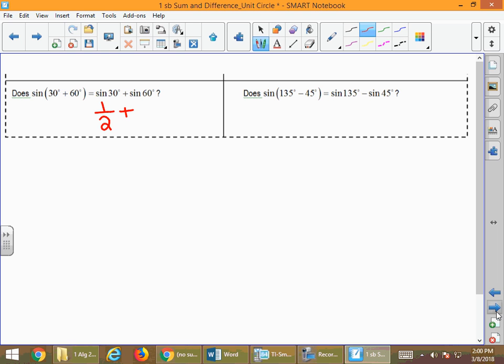Sine of 60 was radical 3 over 2. Does 1/2 plus radical 3 over 2 equal 1? No. When we add these two together, we can't simplify it into two sine functions. We have to use the sum identity.